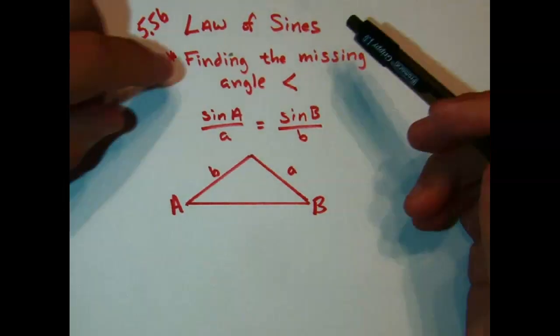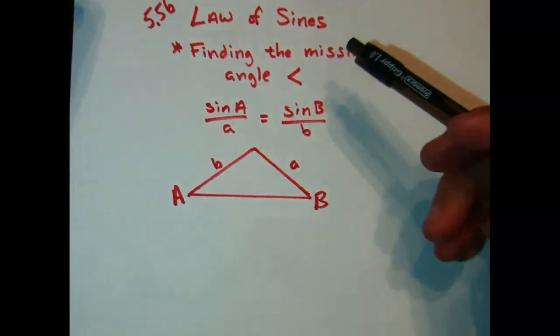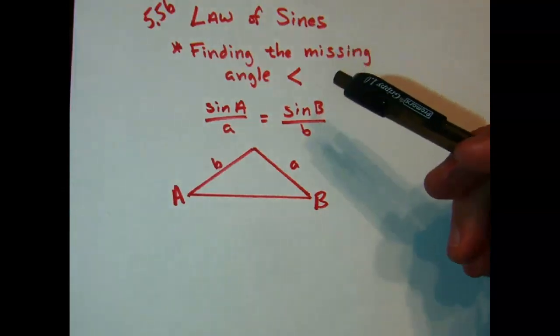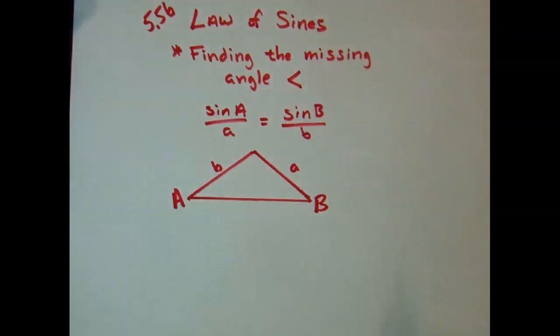In today's lesson, we're going to figure out what we can do to find the missing angle. In order to find the missing angle, we're going to have an angle given with its corresponding side, and we need a corresponding side to the missing angle.